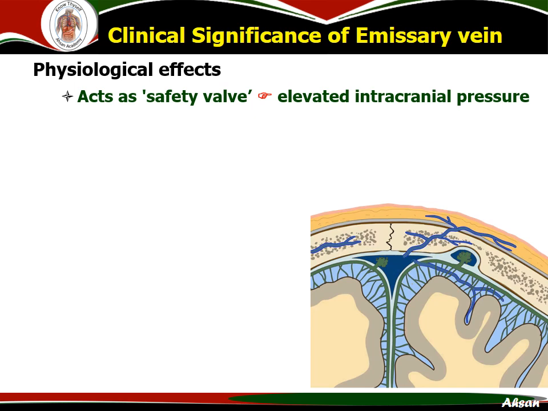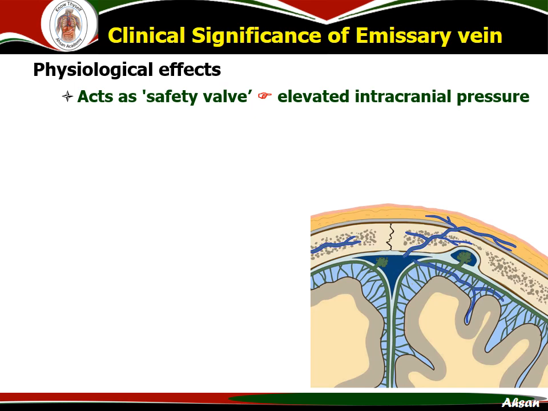It can drain blood to the extracranial veins and reduce the pressure of the intracranial structures. So this is known as a safety valve to regulate and equalize the intracranial pressure.